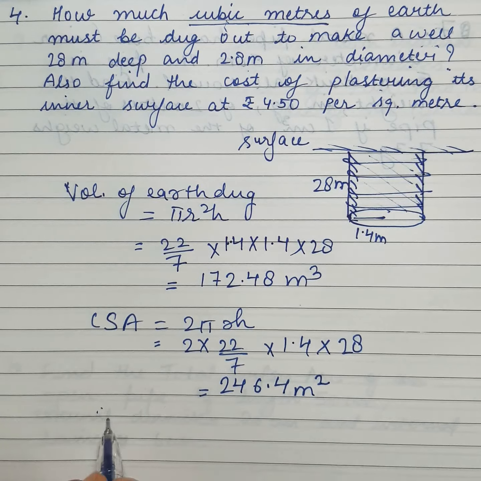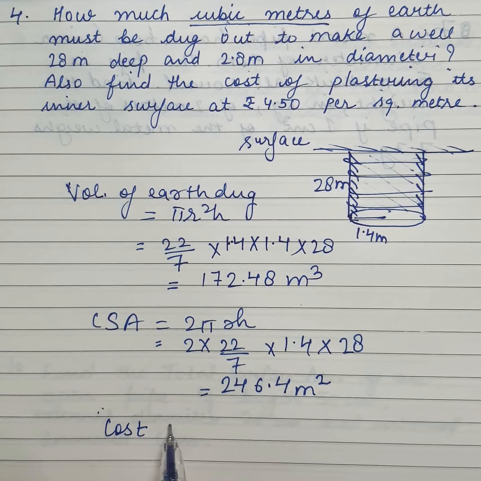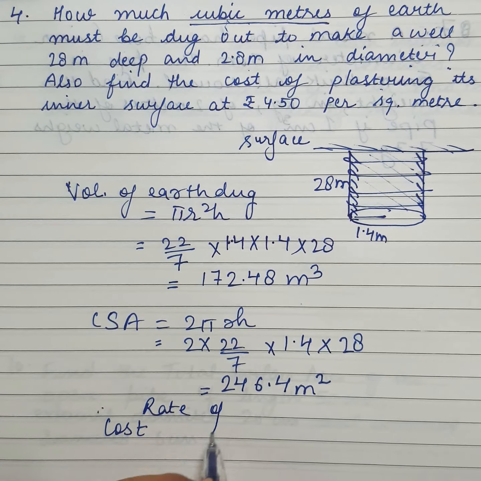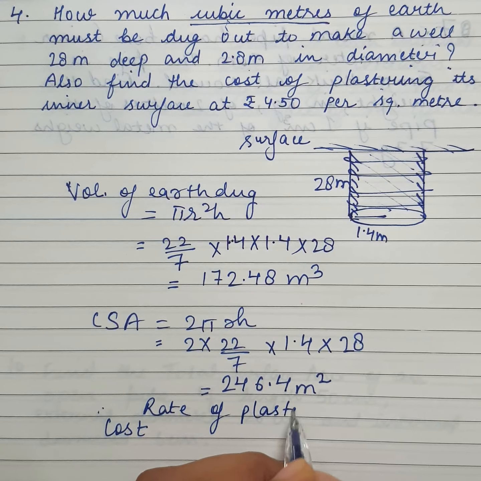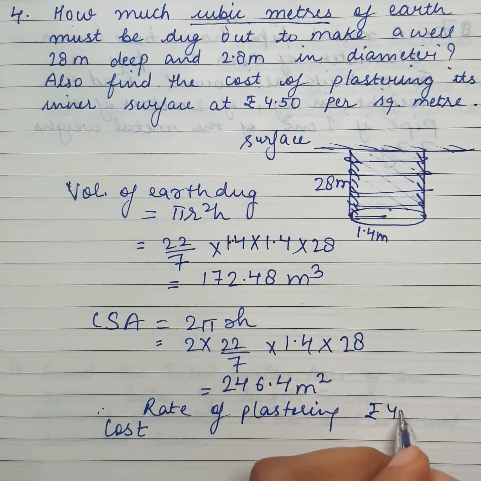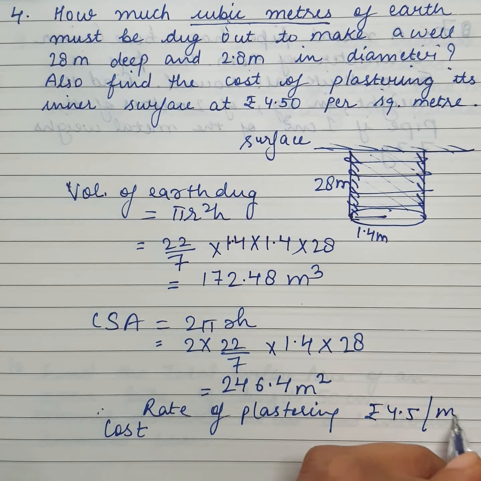Now we need to find the cost finally. How much is the cost? So first of all, the rate of plastering is given as rupees 4.5 per meter square.